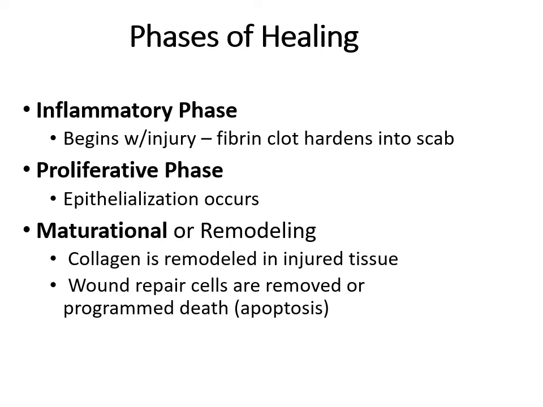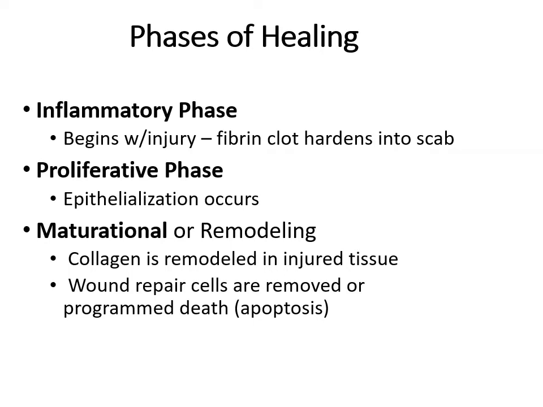The proliferative phase is the new tissue that's being produced. So the fibroblasts are very involved in this, right? They start to produce tremendous amounts of collagen to start to fill in the damaged tissue. The maturation or remodeling phase is where the collagen is remodeled in the injured tissue.